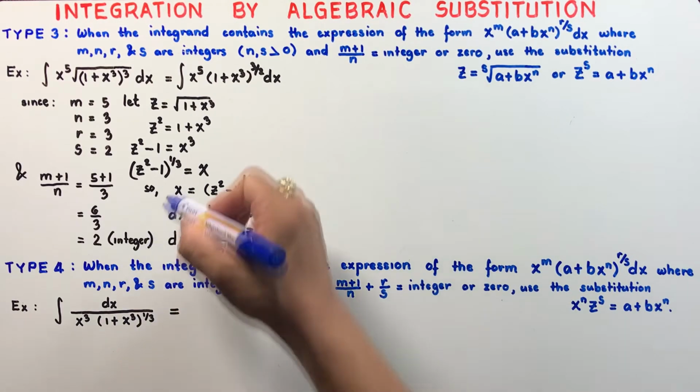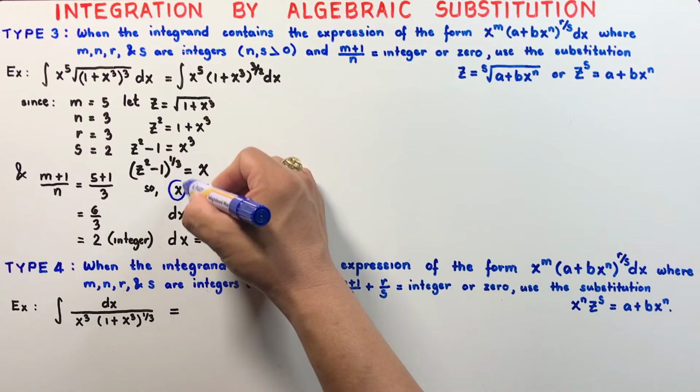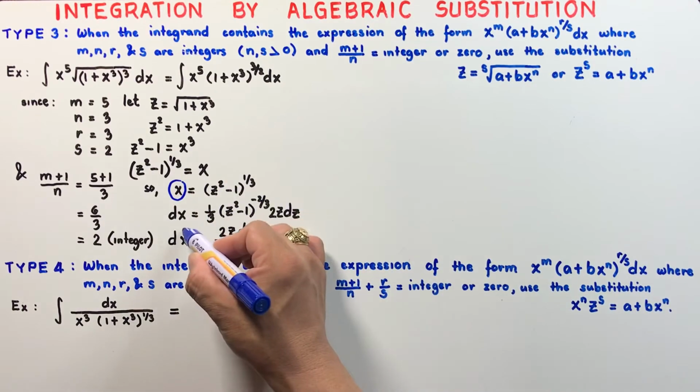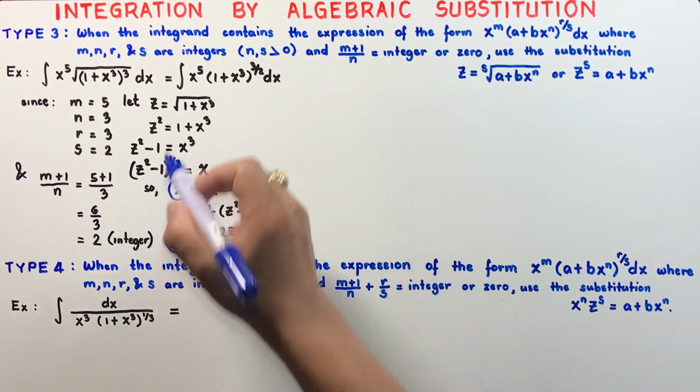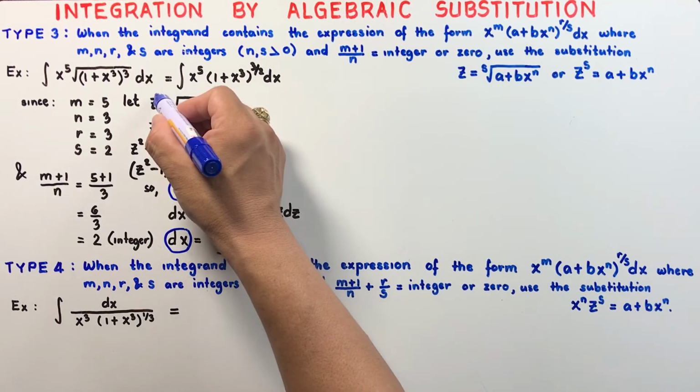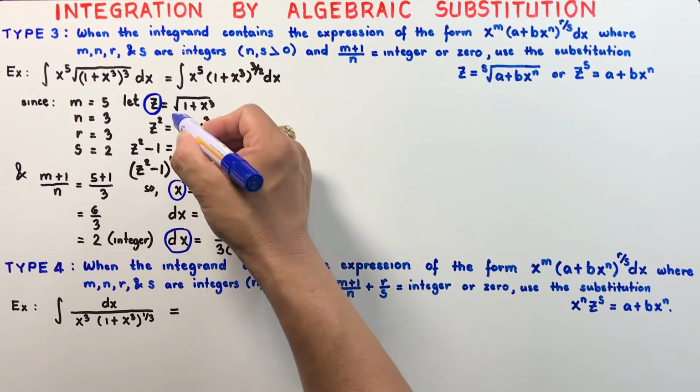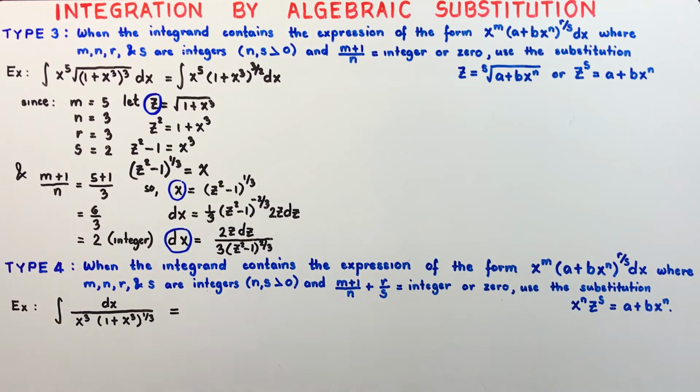So our representation for x is this one here, and for our dx is also this fraction.